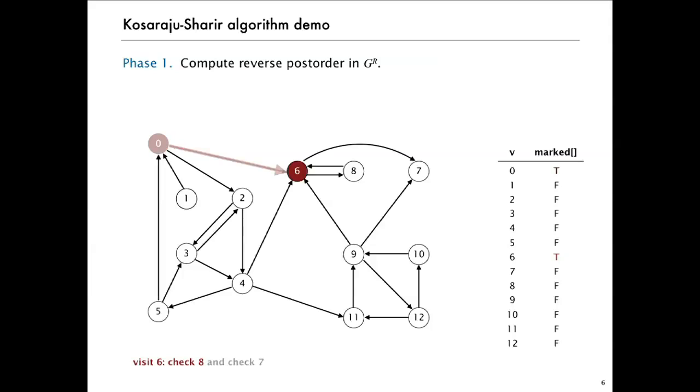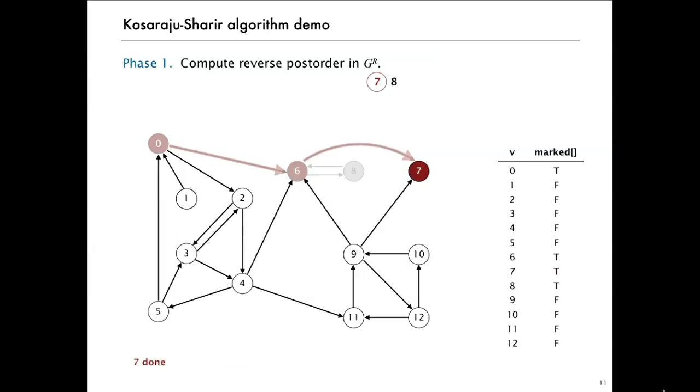Check 6, unmarked, check 8, unmarked, check 6, it's marked, so we're done with 8, and so that's the reverse post order. And again, as before, I put it on a stack, but we'll just list them in reverse order in this demo. So 8's done, so 6, lots of places to go from 6, so let's check 7. That's unmarked, so we go to 7.